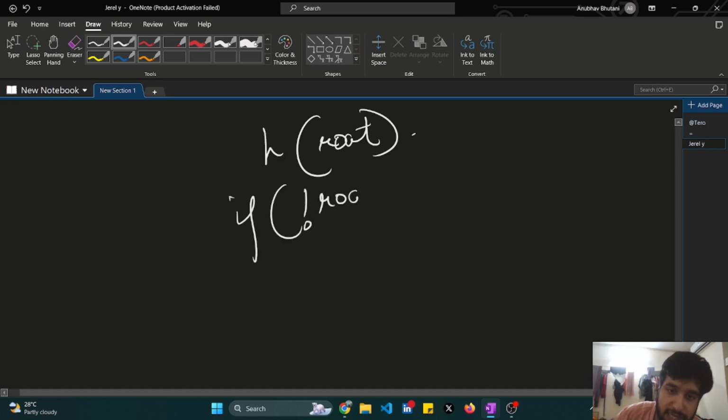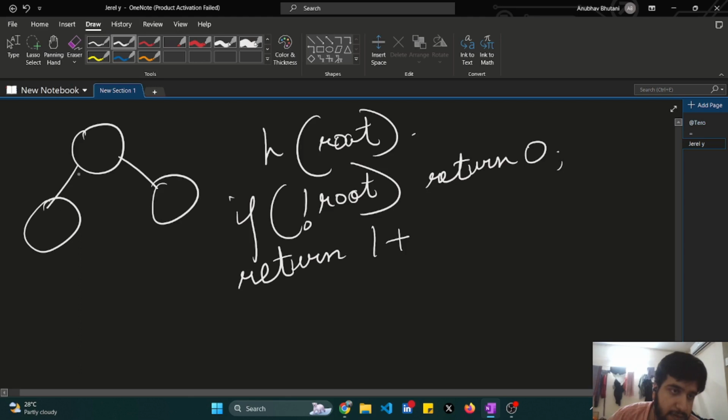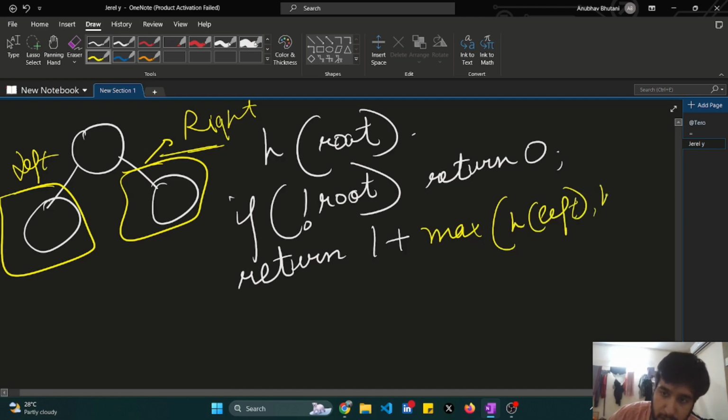If there doesn't exist any root, I'll simply return 0. Else, in any other case, I'll simply return 1 plus, because including the current node, the maximum of the left and the right. So 1 plus maximum of h of left comma h of right. Why h of left and h of right?